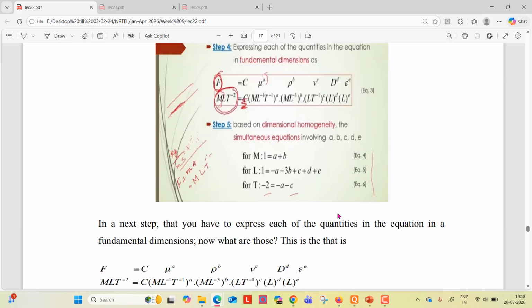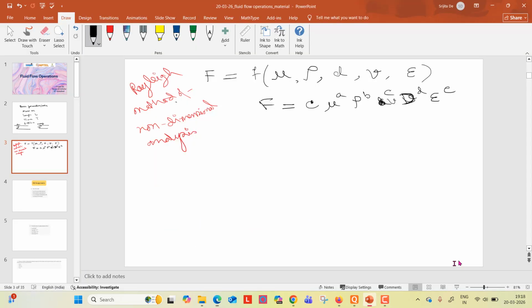We will come to comparing the units of each and every dependent and independent variable.